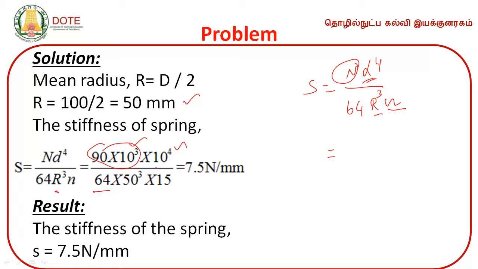R is nothing but the mean radius, 50. So 50 cube into number of turns, 15. So we will get the result 7.5 Newton per mm. Result, the stiffness of the spring S is given by 7.5 Newton per mm.